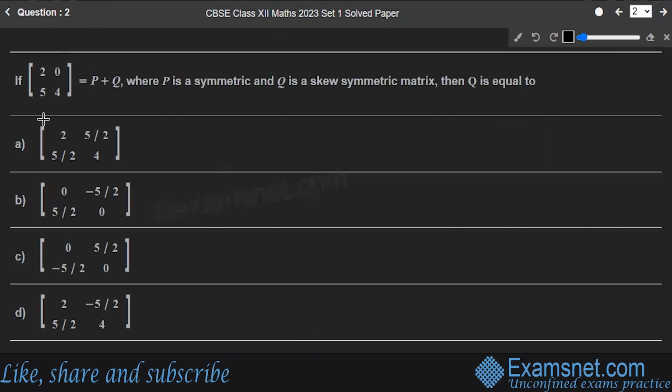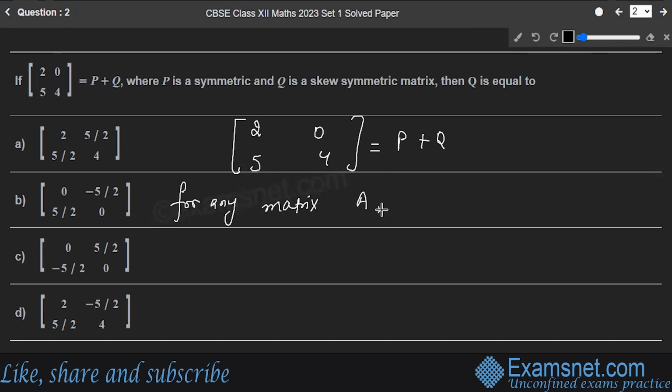Next is question number 2. If the matrix 2, 0, 5, 4 is equal to P plus Q, where P is a symmetric and Q is a skew symmetric matrix, then Q is equal to what? Fine, you are given this: the matrix is equal to P plus Q, right? Now, for any matrix A, we have A is equal to 1 by 2 into (A plus A dash) plus (A minus A dash).